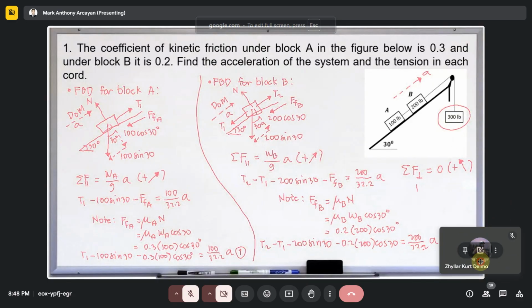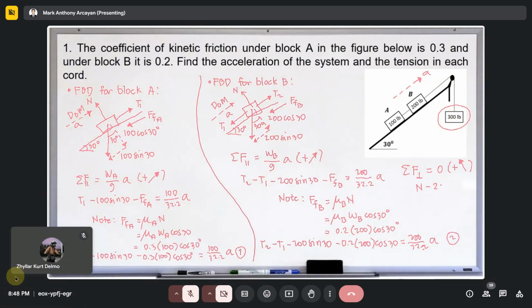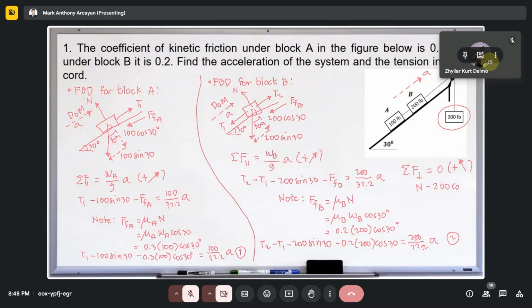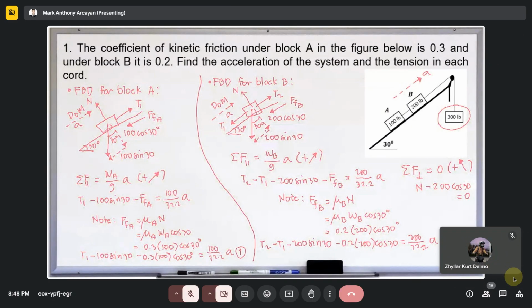Then we can say that this is N minus the normal component of the weight, that is 200 cosine 30 for block B, equal to zero. By looking at the FBD of block B, there are only two forces oriented in the normal axis. So N is just equal to 200 cosine 30. And that is how you get the normal force.